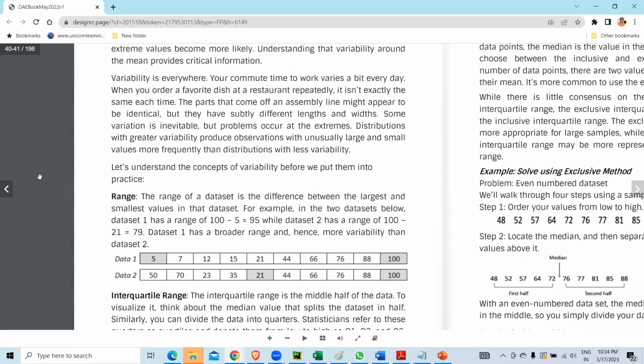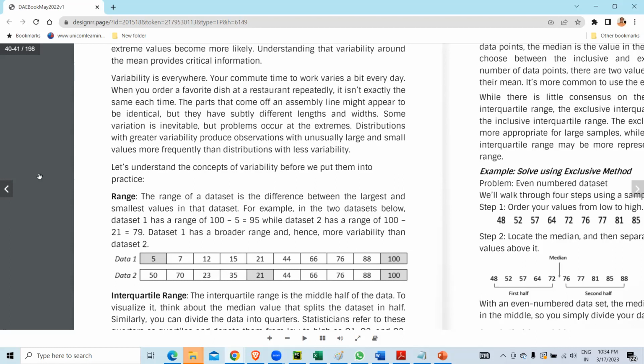So range tells you how good your process is. Mean tells you the value that can represent your process, but range tells you how good or how predictable your process is. Lower the variability, higher the prediction.